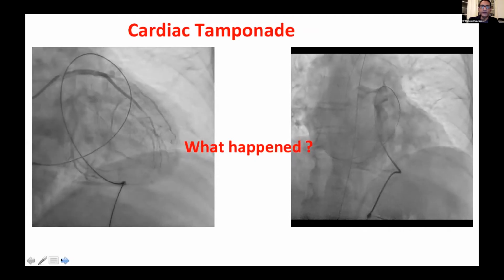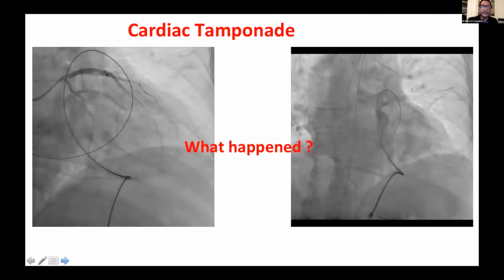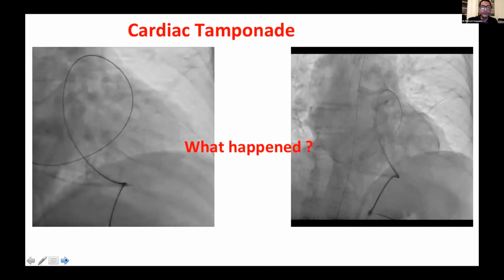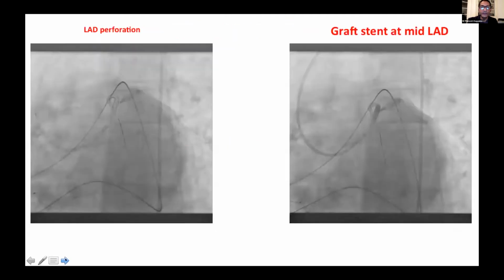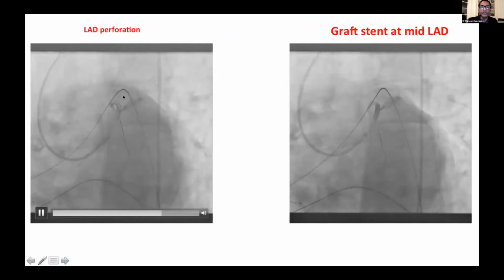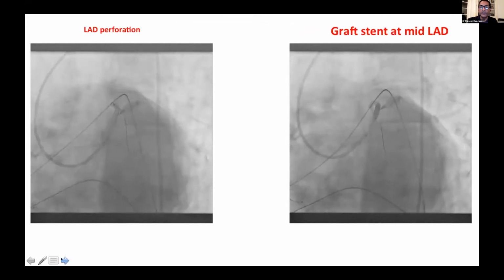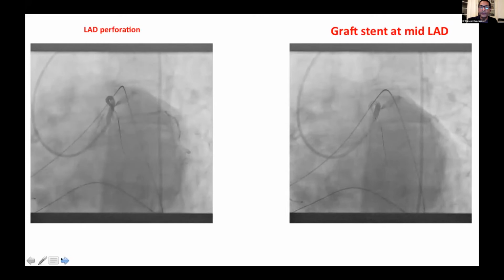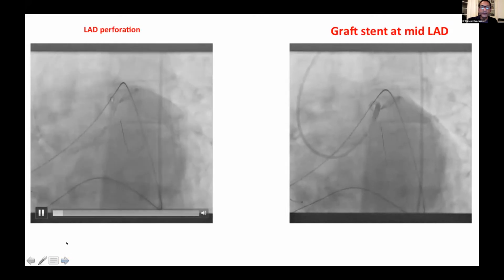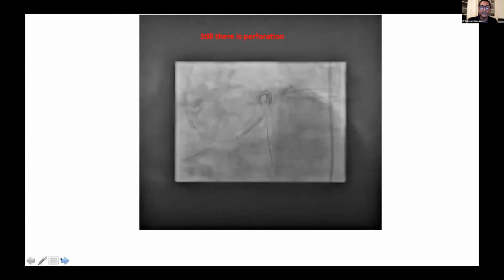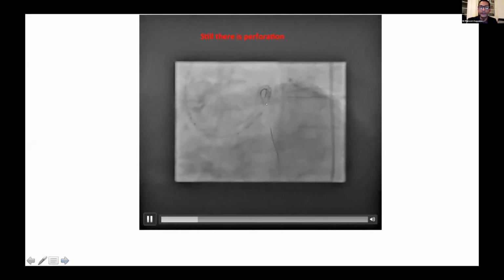We tapped the pericardial effusion, and you can see that there is blood flowing out of the LAD now. What happened? Where is the perforation? We put a covered stent in the LAD, but the patient is still hypotensive and the blood is draining. So then we put another covered stent in the diagonal, because at the carina it is always difficult to know where that is coming from.